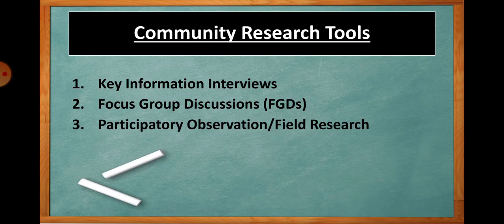The third one is the participatory observation or the field research. This is a data gathering method wherein the researcher embeds himself or herself with his or her subjects for a specified length of time to observe and gather data for research use. The fourth one is the sampling or surveys.